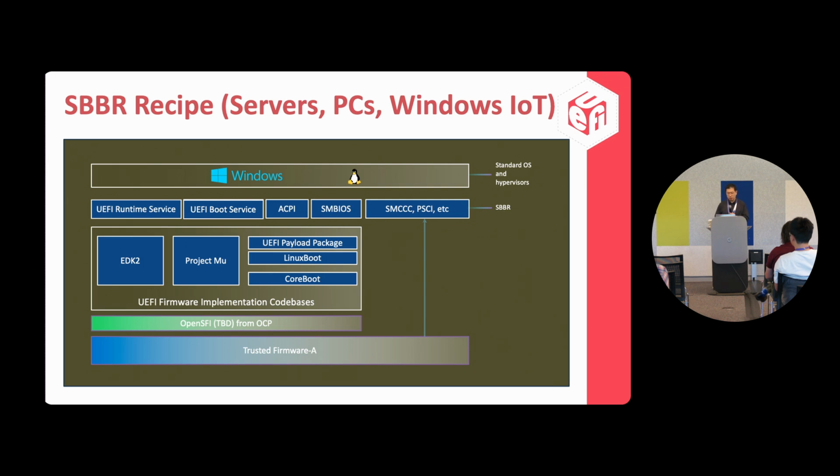And so typically, when we have this EDK2 type of code, okay, so let me just say, when we define the SBBR, we focus on the APIs and the interfaces, right? In this effort, we don't really care which code base you use. So most of the people in the effort of developing this would be using EDK2, but Microsoft certainly uses Project Mu.